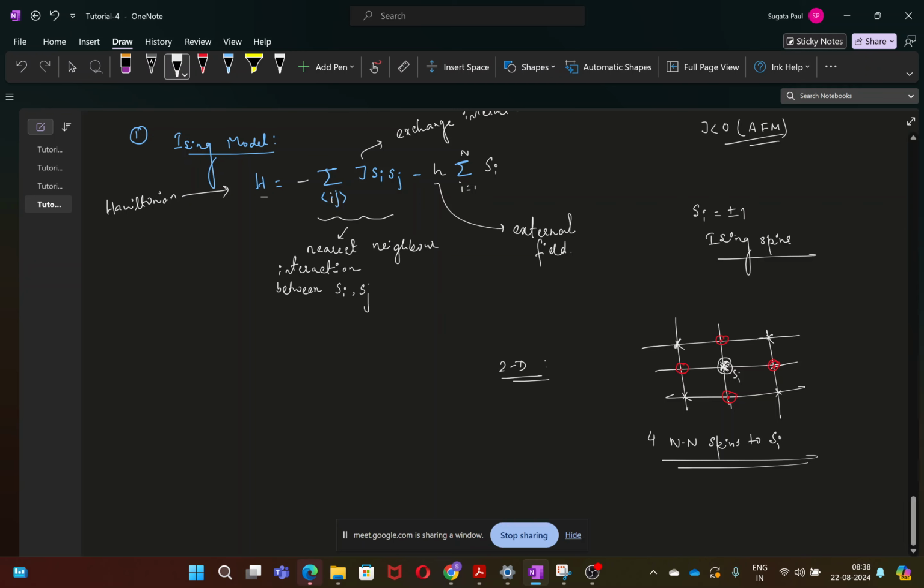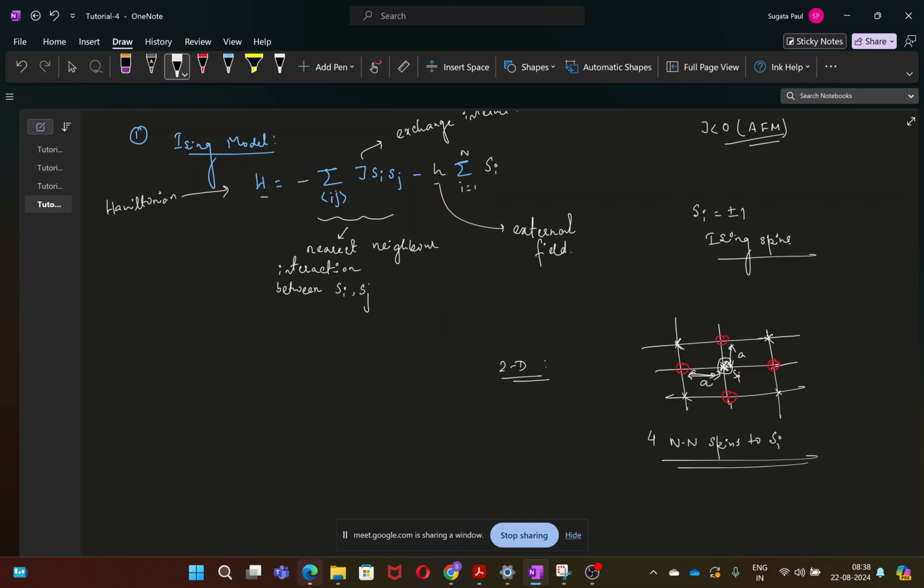If you go to this position, or let's say this position, then the distance is greater, because if this is a square lattice, then let's say this is your a distance and this is also your a distance. So all these four spins which are nearest neighbors marked by red are placed at distance a from the main center spin that we are concerned about, which is Si.